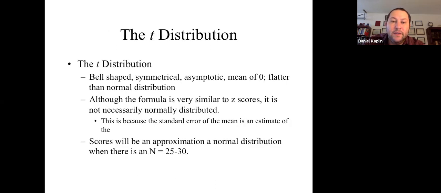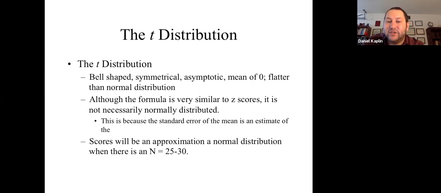Okay, so in terms of assumptions of a t-test, we assume that a t-test is normally distributed, bell-shaped, right? We assume that it's symmetrical. We assume that it's asymptotic. And we have a mean score of 0.